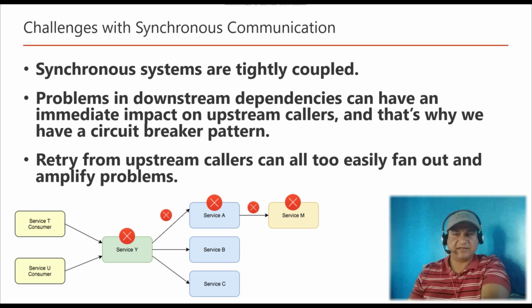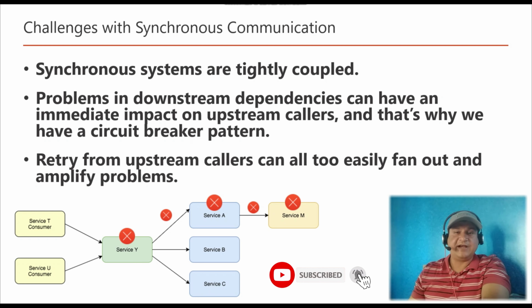For example, service S1 calls service S2 and service S2 calls service S3. So any failure in service S3 would cascade back to service S2 and service S1 as well. Hence, it impacts the working of service S2 and S1 as well. Therefore, we use the circuit breaker pattern in synchronous communication to avoid the cascading effect to the calling services.